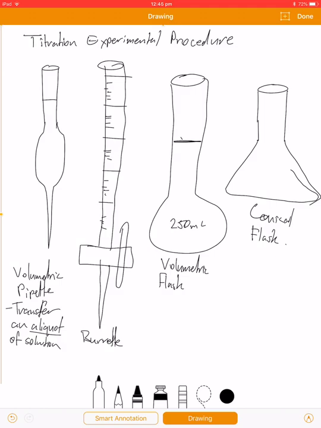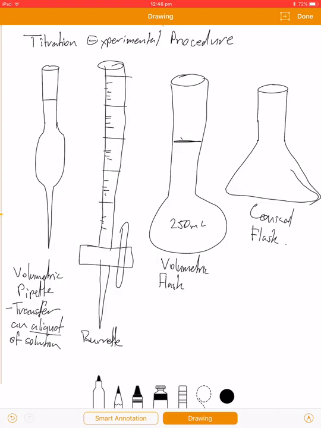To read straight off a definition of that one, an aliquot of a sample in chemistry is an exact portion of a sample of liquid. So, for example, exactly 20 milliliters of solution. So hence, a volumetric pipette transfers an exact sample of solution, so an aliquot of solution.